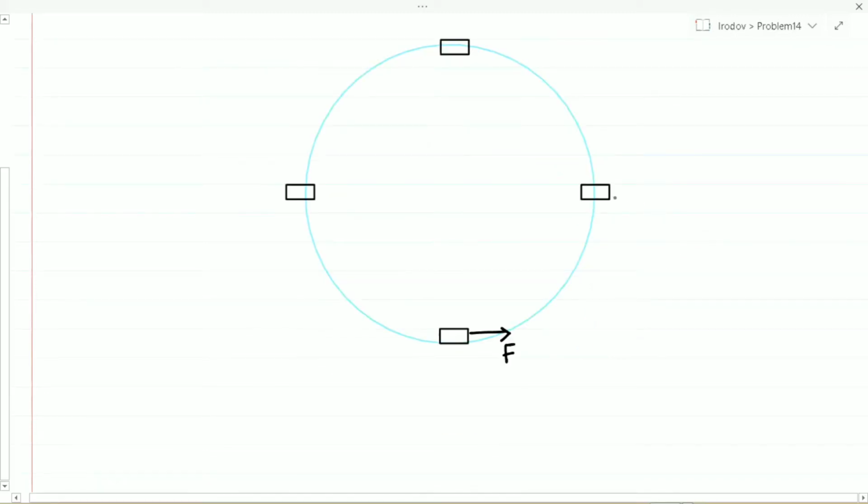You will find it moving to a new location on the circle here, then a new location here, and you will find that the force F is always acting at a tangent to this circle.